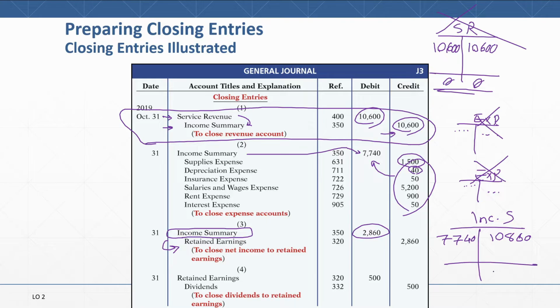The balance before closing was 2,860. Okay. In this case, since the credit side is more than debit side, the income summary balance is credit and we have to debit it to close it. Okay. But in other cases, when we don't have net income, if there is a net loss, then the closing entry for income summary is reversed.